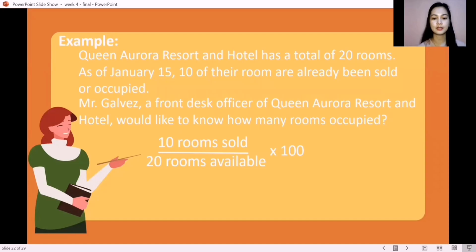So we have 10 divided by 20 times 100, that is equal to 0.5 times 100, that is 50%. So the Queen Aurora Resort and Hotel has 50% room occupancy percentage, or the ROP of Queen Aurora Resort is 50%.